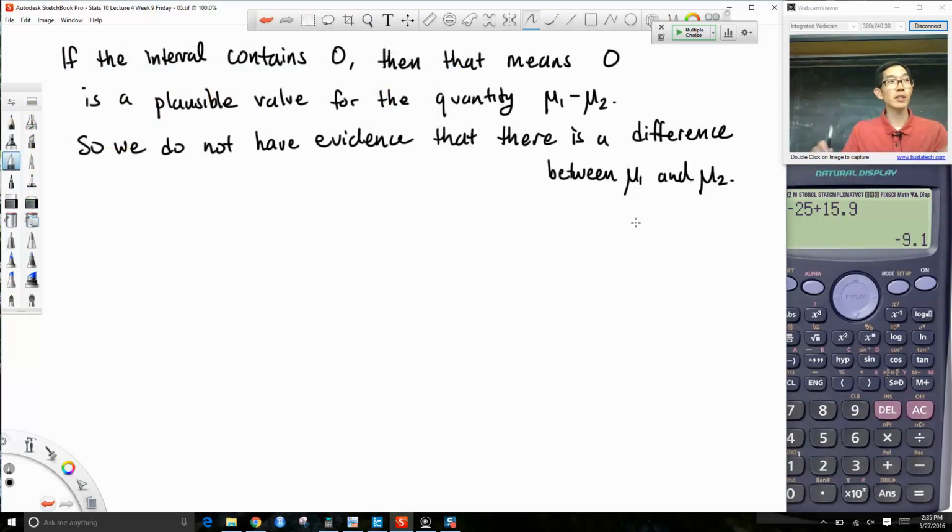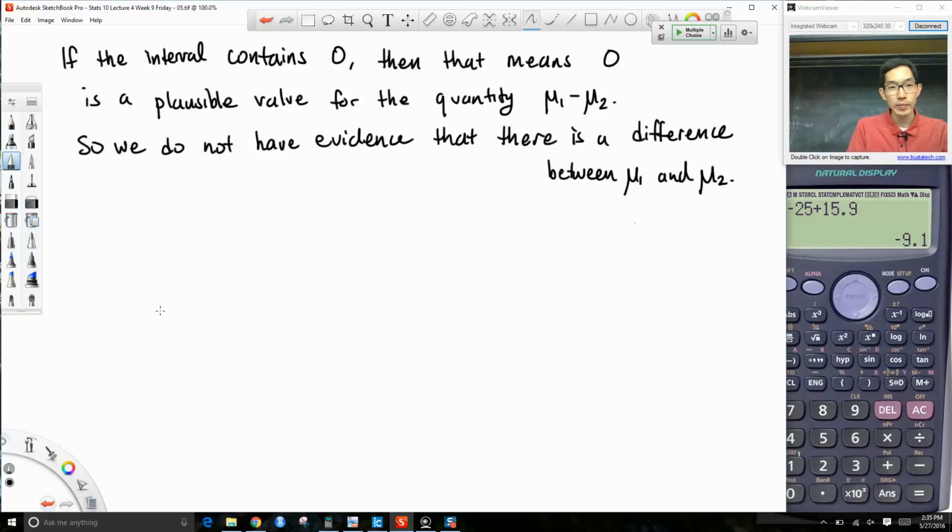However, you still cannot say that we have evidence that there is no difference. All we can say is that the values inside the interval are plausible, so we can't eliminate these choices. And we can say we have evidence against values outside of the interval, but we cannot say that we have evidence that the difference is equal to any of these particular values.